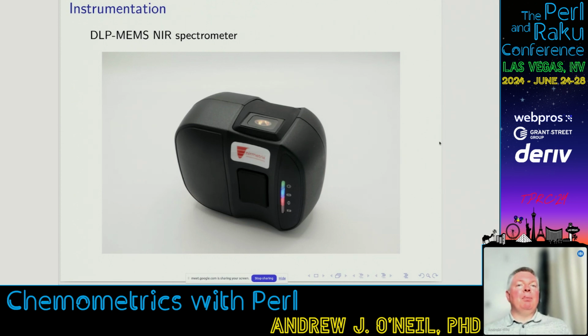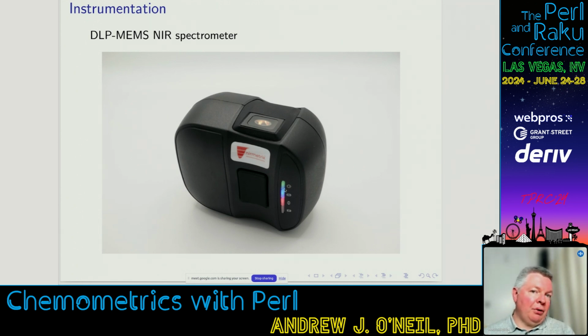The DLP MEMS spectrometer that InnoSpectra produces is this small device. It's about the size of a desktop mouse. It's really quite portable. It can be used with a Bluetooth low energy connection to a smartphone, but I've developed software that works via a wired USB 2 connection.